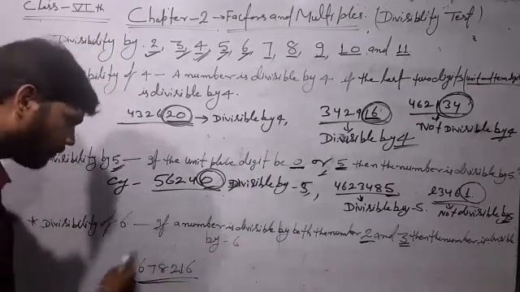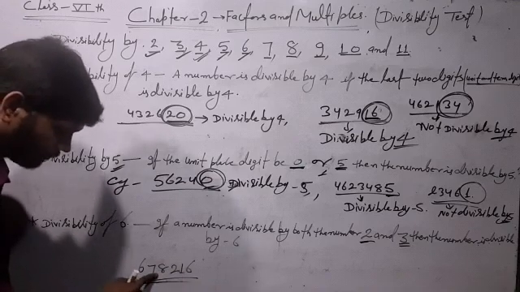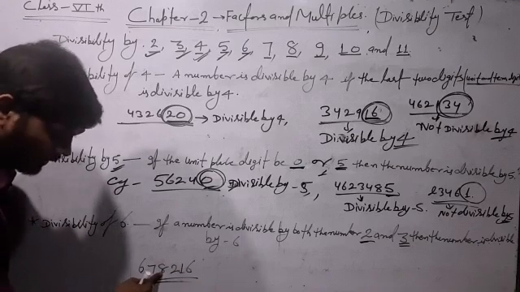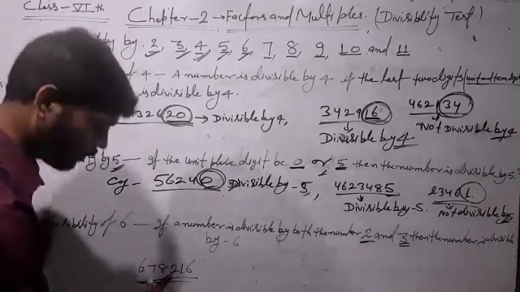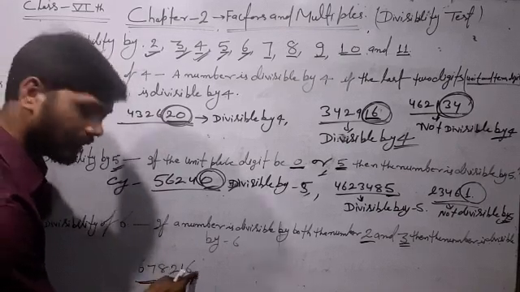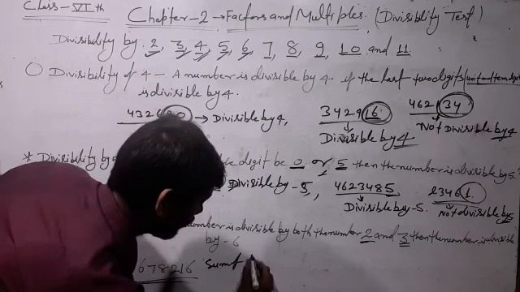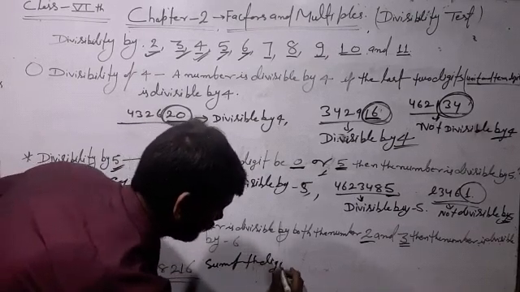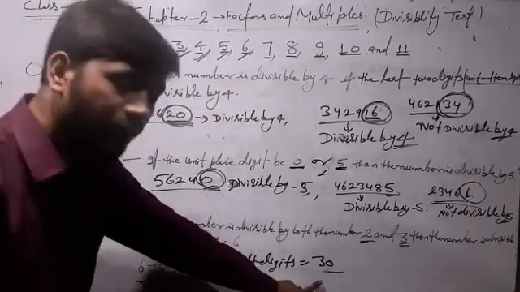Sum these digits: 6, 6 and 7 is 13, 13 and 8 is 21, 21 and 2 is 23, 23 and 1 is 24, and 6 makes 30. So the sum of the digits is 30, and 30 is divisible by 3.